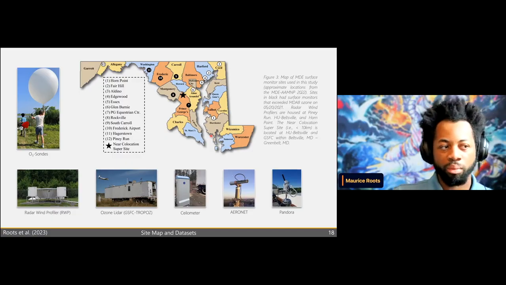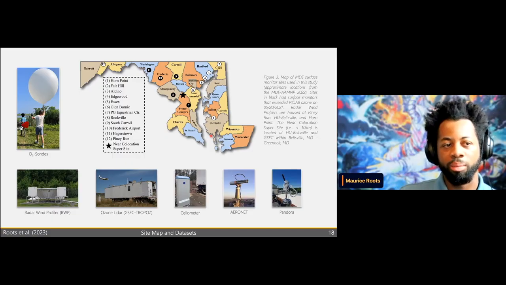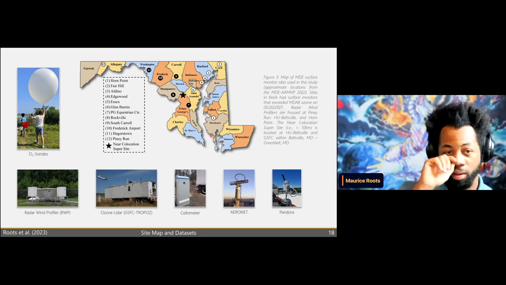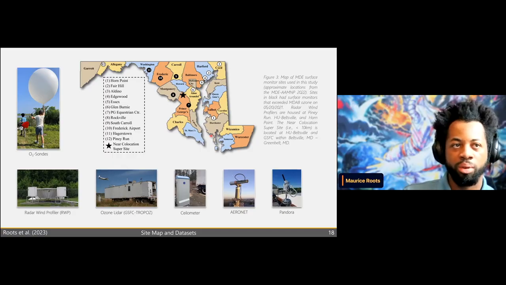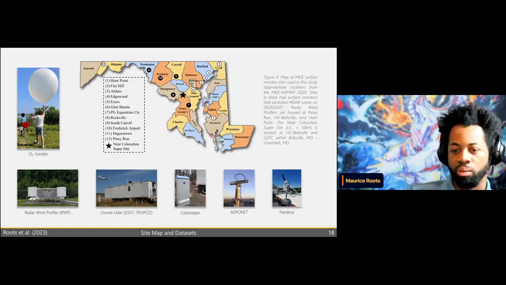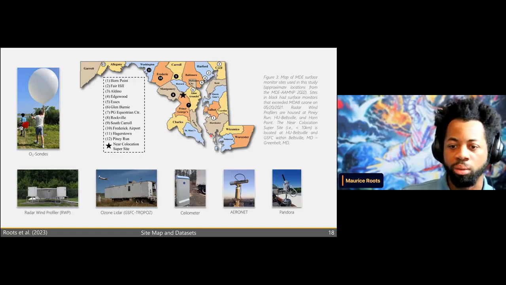But things like reliable ozone lidar, commercialized ceilometers, which are aerosol lidars, and then networks like Pandora and AERONET have only come around in the last 20 years and are finally at a density, at least in this region, where you can really get to the level that you need.